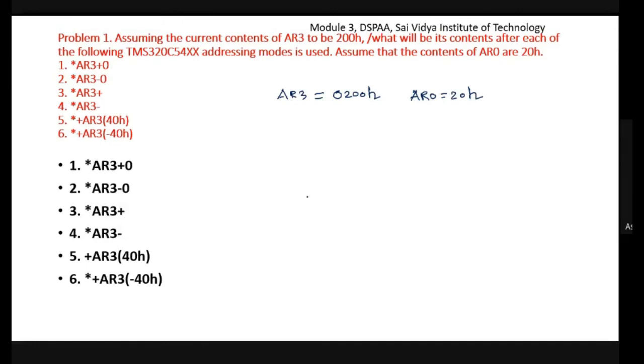I'll write here for the first one, the auxiliary register 3 after execution is equal to the AR3 register. Since 0 is there, 0 represents which register? The index register.